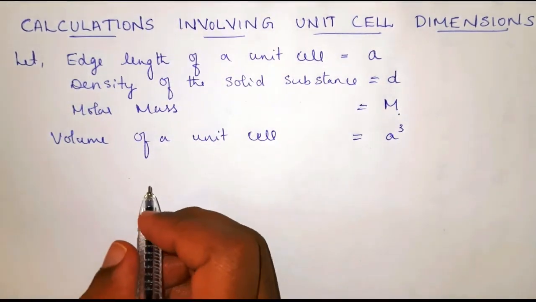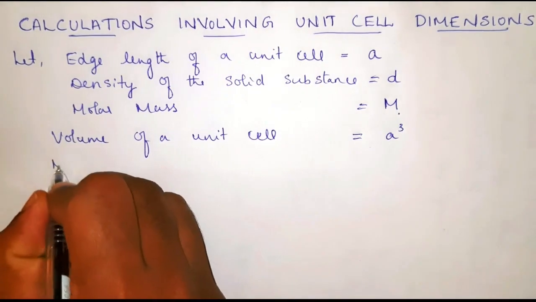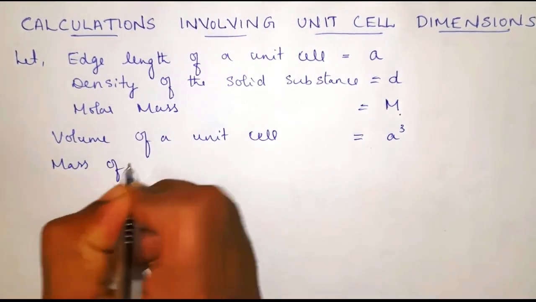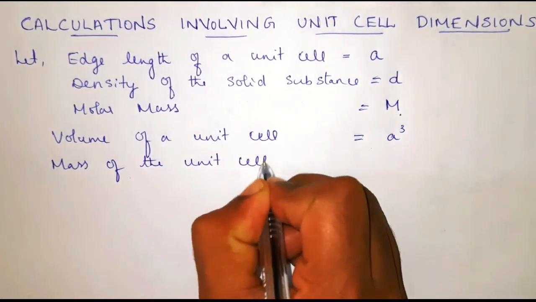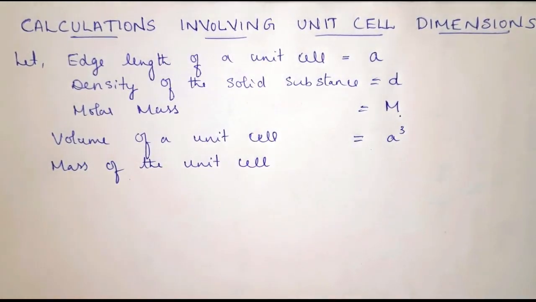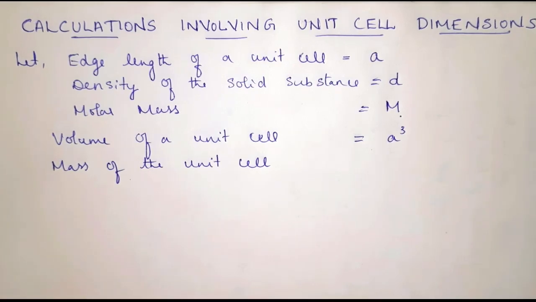Now how will you find the mass of the unit cell? That is total number multiplied by mass of each substance. If you take a unit cell and there are only 4 atoms in it, then the number of atoms present multiplied by the mass of each atom will give you the mass of the unit cell.